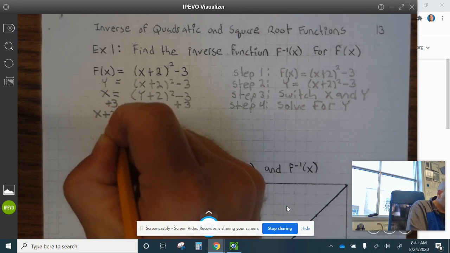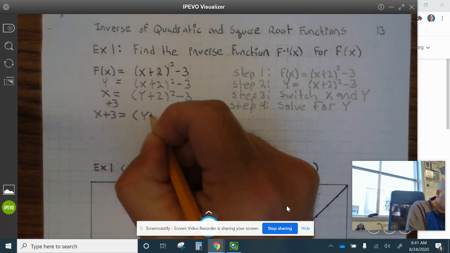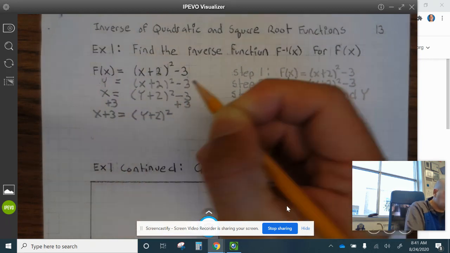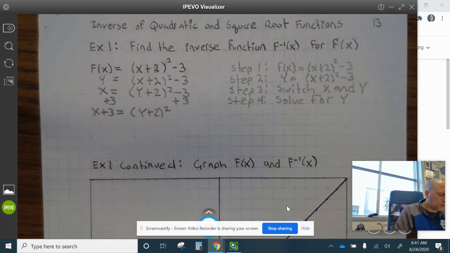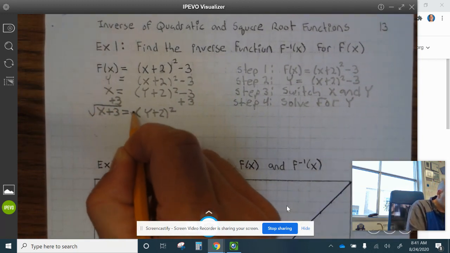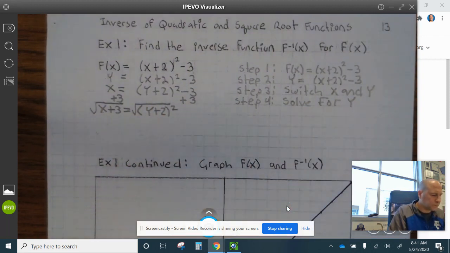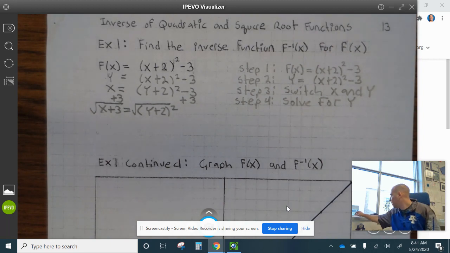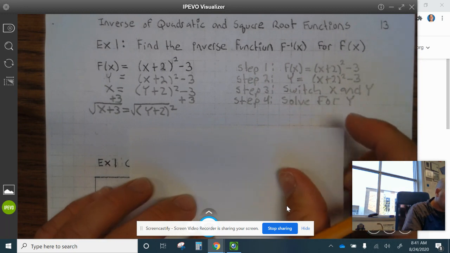x plus 3 equals (y + 2) squared. Okay, then we're going to take the square root of both sides. Okay, and let me show you what happens when you take the square root of that.